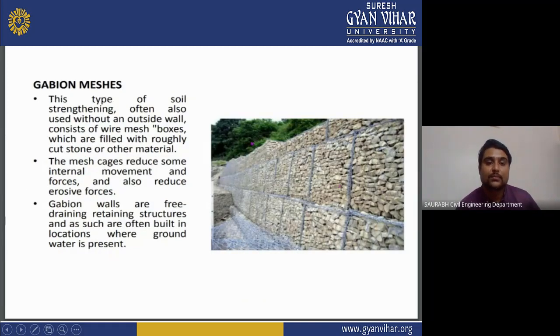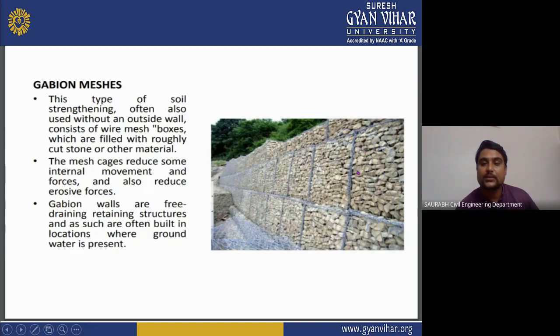Now we will see gabion meshes. This type of soil strengthening is often also used without an outside wall. It consists of wire mesh boxes which are filled with roughly cut stone. As you can see, this is a mesh of reinforcement which is a retaining wall.